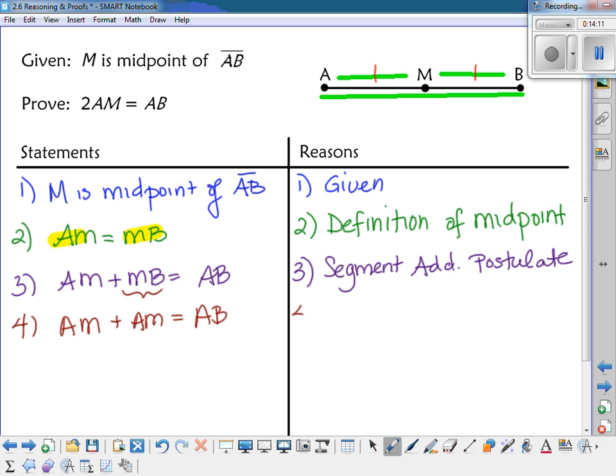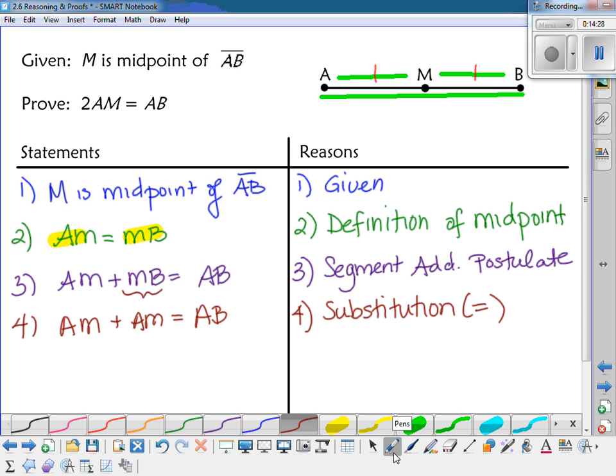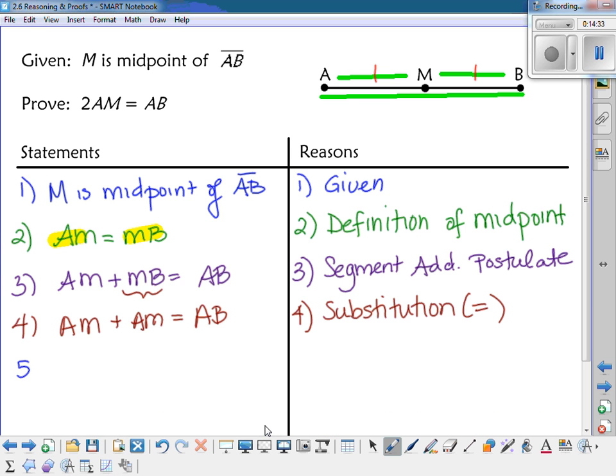That's substitution. All right, and now I'm almost there. I have 2 AMs on the left side of my equation. AM plus AM is just equal to 2 AM. And so I've proven what it is I want to prove.